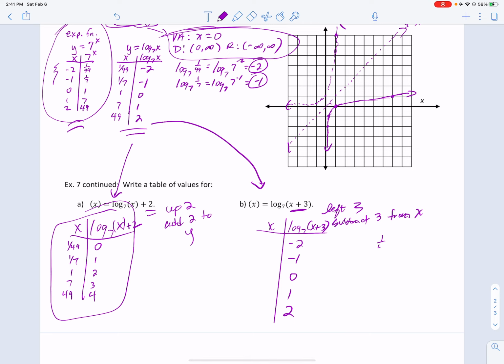So 1/49 minus 3 is going to be a minus 2 and 48/49. And 1/7 minus 3 is going to be a minus 2 and 6/7.